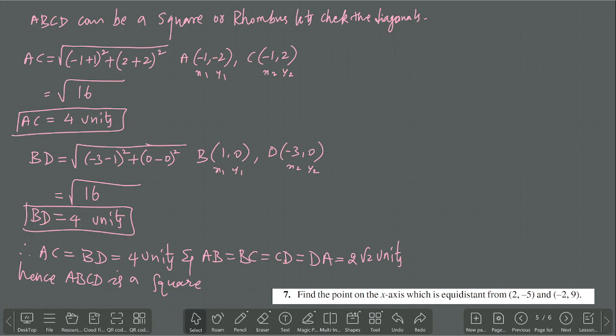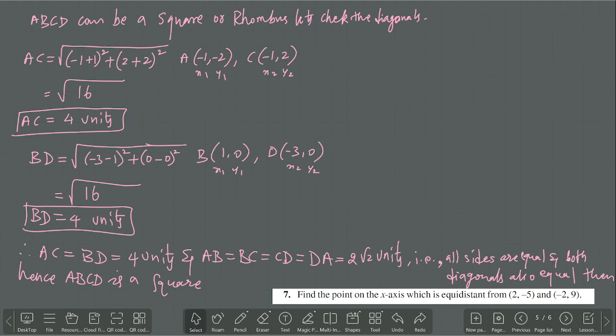If you want to write in words, you can write that all sides and diagonals separately: all sides are equal and both diagonals also equal.